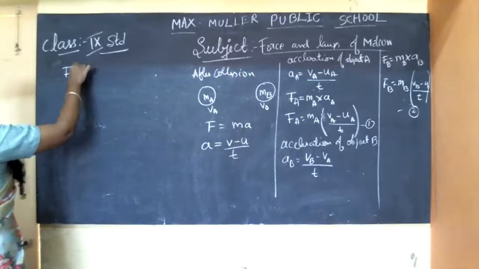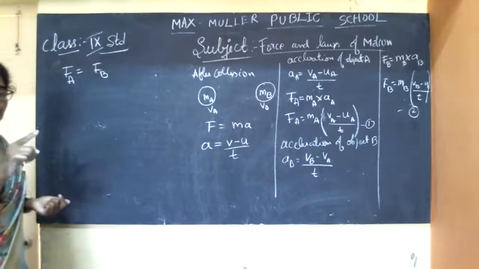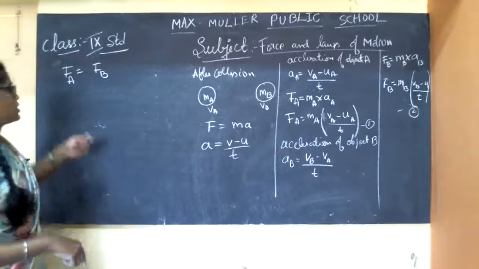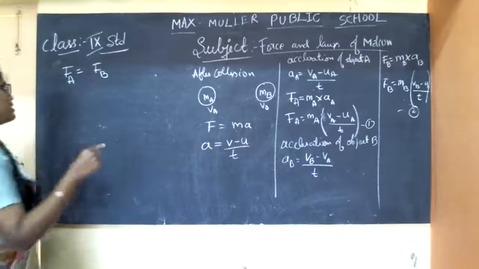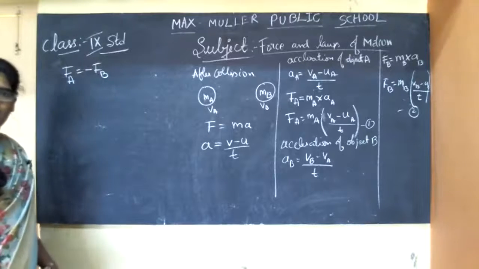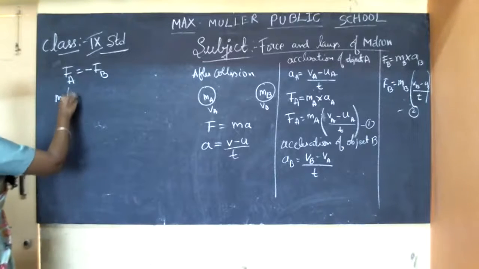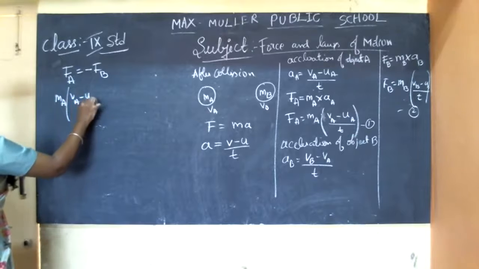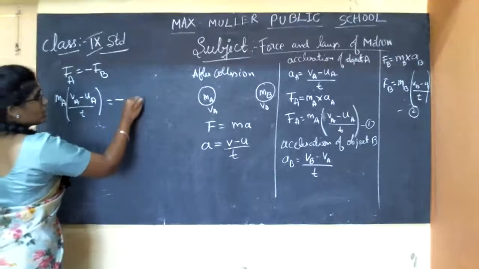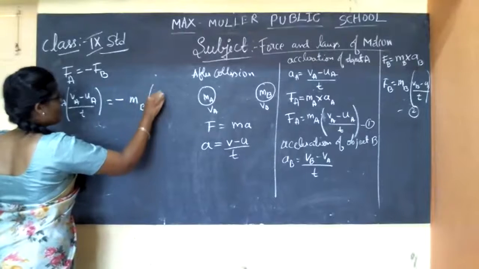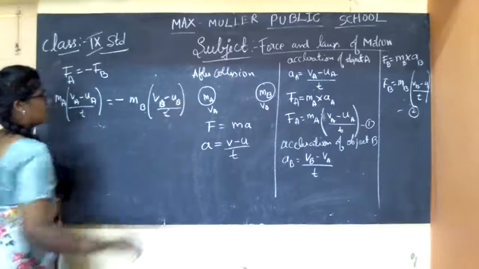Force of object A is equal to the force of object B, an equal and opposite reaction. Object A is positive, but object B will be in the opposite direction, in the sense it is negative. Understood? Now substitute what is FA: mA into vA minus uA divided by t is equal to minus mB into vB minus uB divided by t.